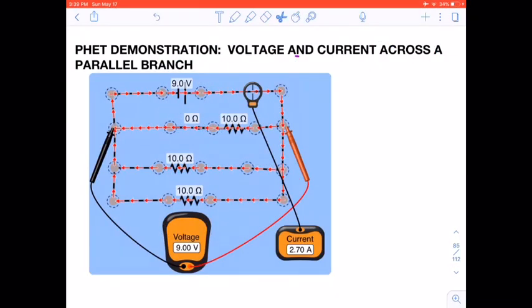Right, now let's consolidate what we did in the demonstration. Here I have screenshots of that demonstration. So let's have a look.